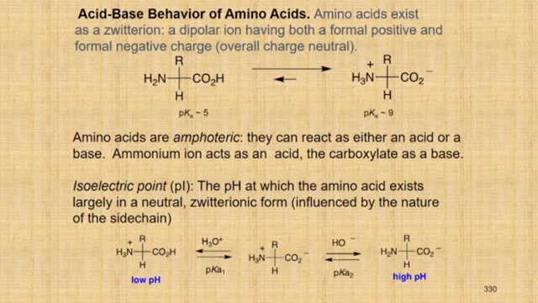So if you place an amino acid in low pH, that is in acidic medium, what will happen? In low pH, it means that there are more hydrogen ions in solution. So the amino acid now will act as a base by accepting protons.